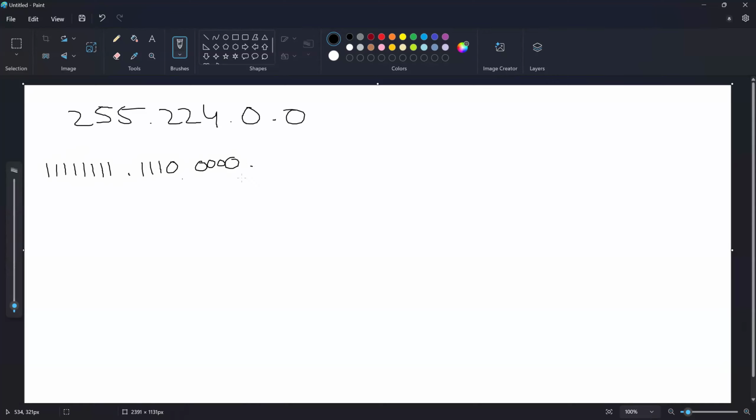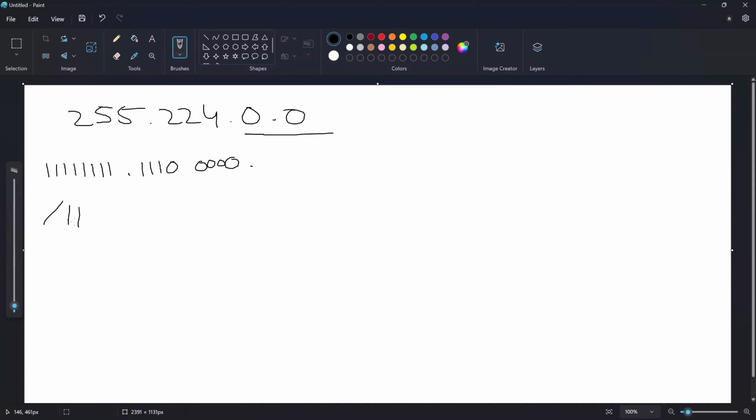So we don't even need to write the last two octets. We already know that the zeros start from here. We can see that this is 8, 9, 10, 11. This is 11 ones in a row. Let me just confirm. Yes, it is 11. So the net mask for this will be /11.